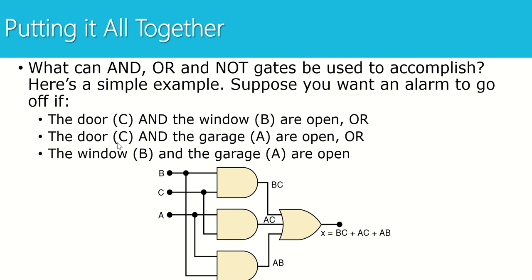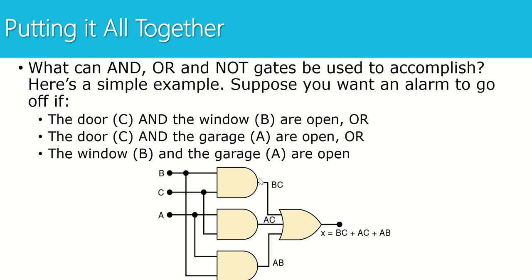If the door and the garage are open, so see here I have a second AND gate, with the sensor for my garage connected here and the sensor for my door connected here. So now I'm comparing the door and the garage to see if they're open. With the last AND gate, I'm comparing the window and the garage because I've got one input connected to A, one input connected to B. So if this happens, or this happens, or this happens, I want the alarm to sound.